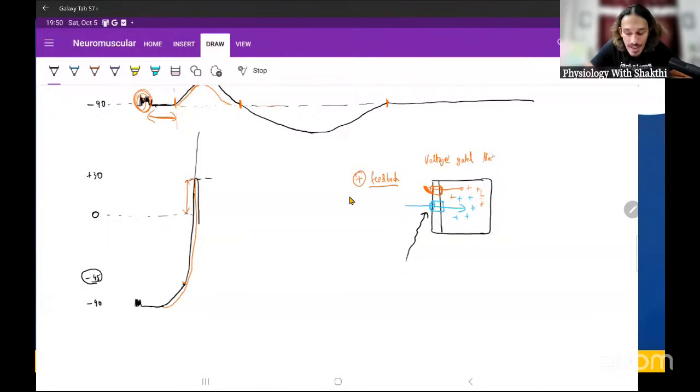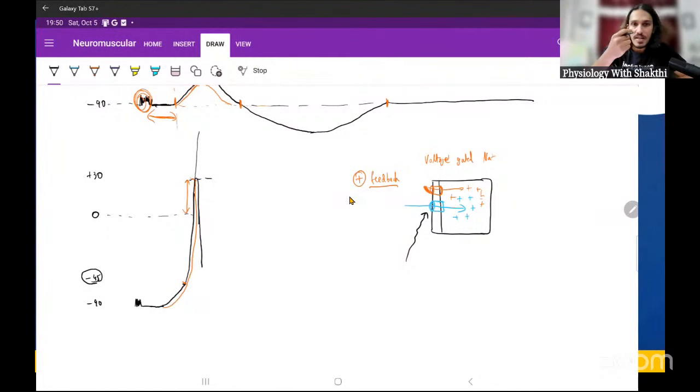And by this point, what will happen? Your sodium channels, which got opened up, will start shutting down. So in this phase, your potassium channels are going, and equally it's trying to reach the equilibrium potential of potassium. So this is your repolarization.